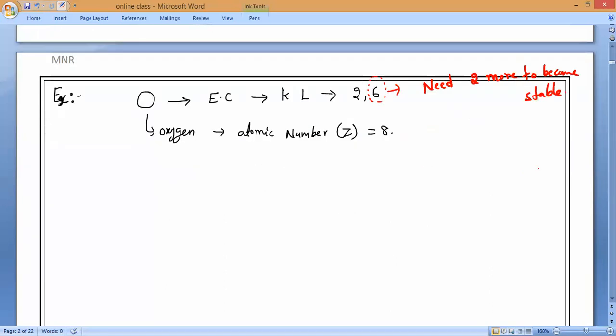So that is why one oxygen is 2,6, and another oxygen is also 2,6. What will they do? They both will combine together and form a molecule, the O2 molecule. That is why whenever we write oxygen, we always write O2, because O is not stable in nature.